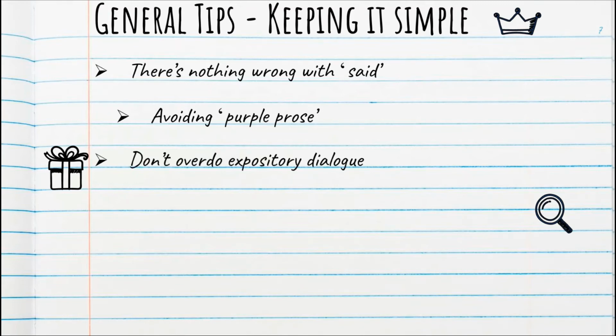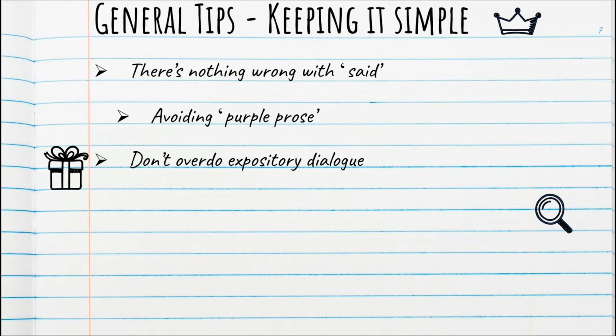Next, don't overdo expository dialogue. What I mean by that is don't have too much where one character is just talking to another character explaining everything. It's a tricky thing because you have to be able to get information to the readers, and dialogue is one of the better ways of doing that, because it's not just a block of text that says, here is the information for you, the reader.